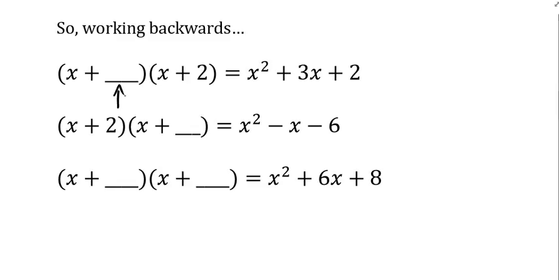Don't shout it out. How many people have an idea of what I would put there? Riley, what do you think? 1. How did you get that? 1 plus 2 is 3, and 1 times 2 is 2. Awesome. And it gave you the 2, so you can kind of work backwards from that too.